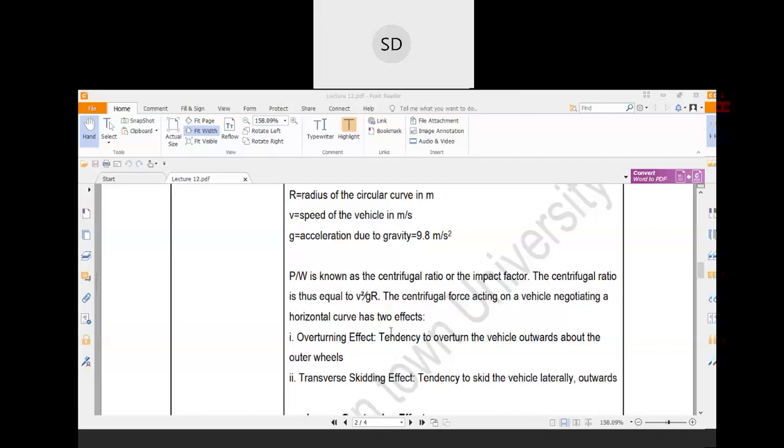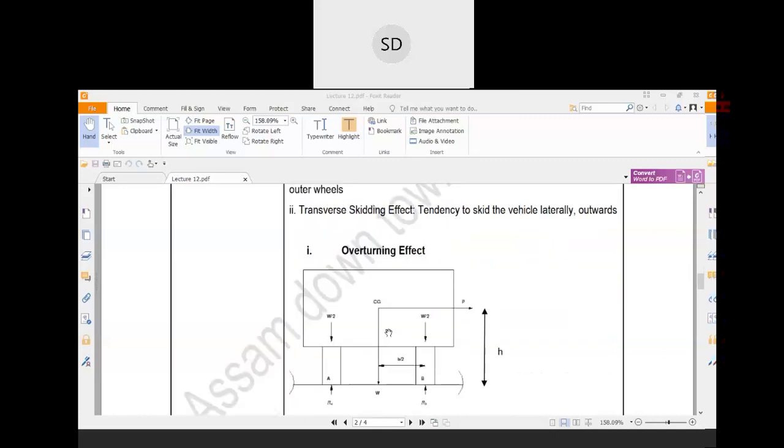Now the question is, when will these two effects happen? What is the limiting case when these two types of phenomenon will occur?